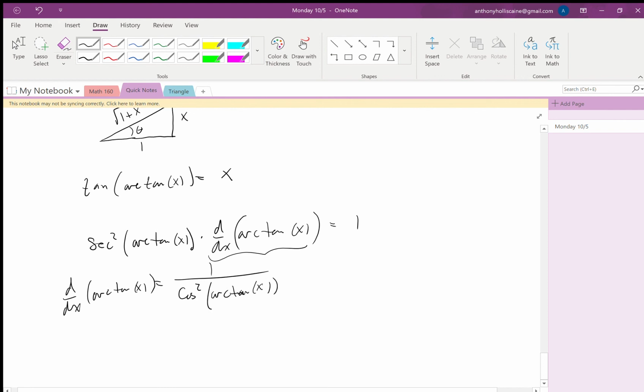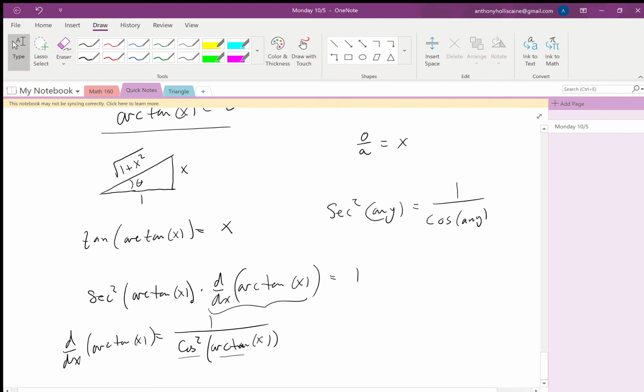And in case I lost you there, secant squared of anything is the same as 1 over cosine squared of that argument. Because secant is just 1 over cosine. That's how it's defined. Okay, so we need to figure out what is cosine of arctangent of x.